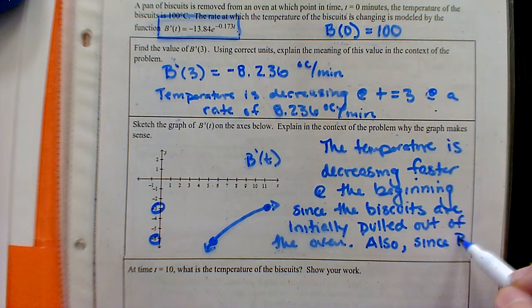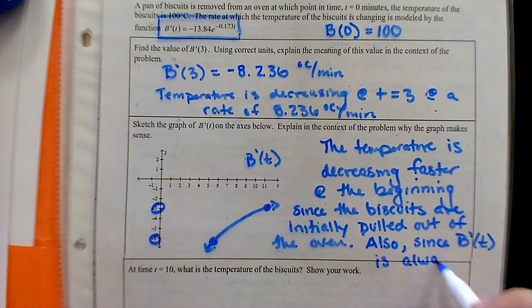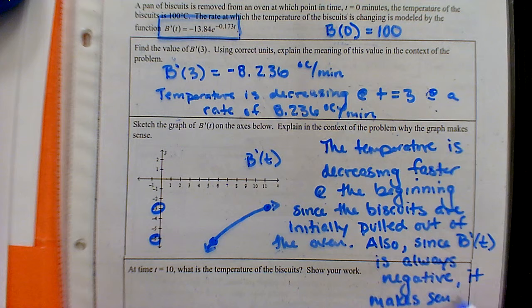Also, since B prime is always negative, it makes sense that the temperature is always decreasing.